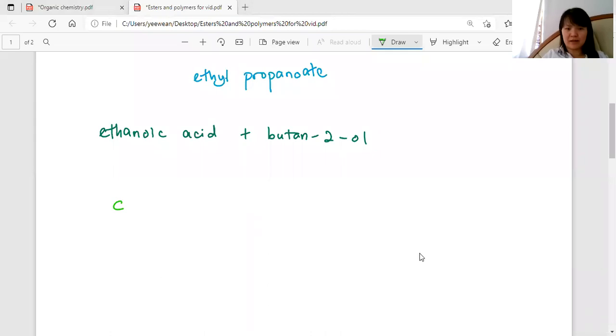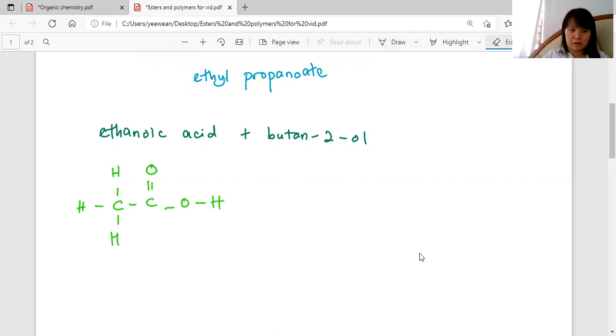So I make it a little bit complicated here so that you will understand it a little bit deeper. Okay, COOH here. Plus butan-2-ol. 1, 2, 3, 4. And then OH on the second carbon.